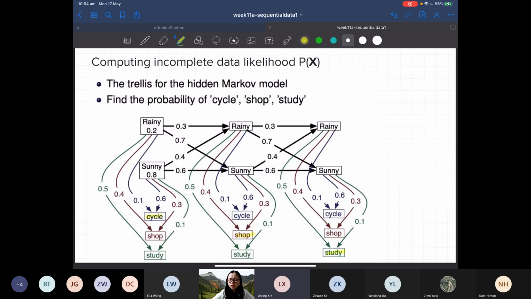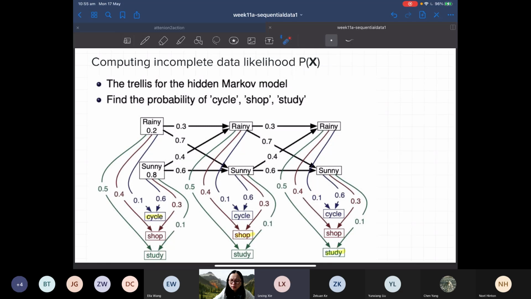To see the intuitive complexity of it, we begin by thinking, hey, can we basically just pick the most likely state for each of these observations, right? So if Peter's shopping, does it mean that it's more likely to be rainy the second day and more likely to be rainy the third day, and it's sunny the first day?